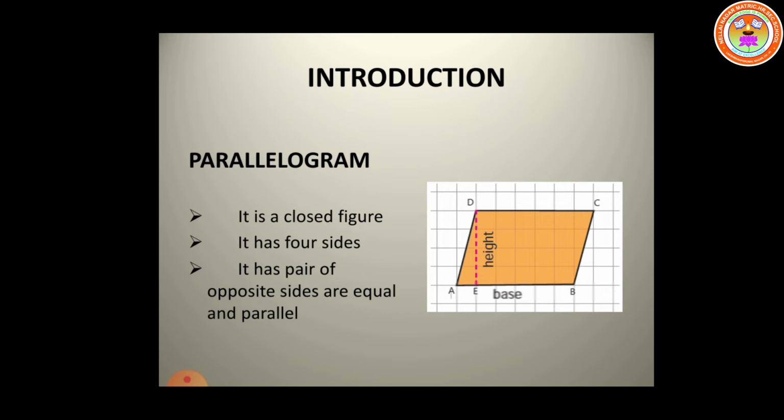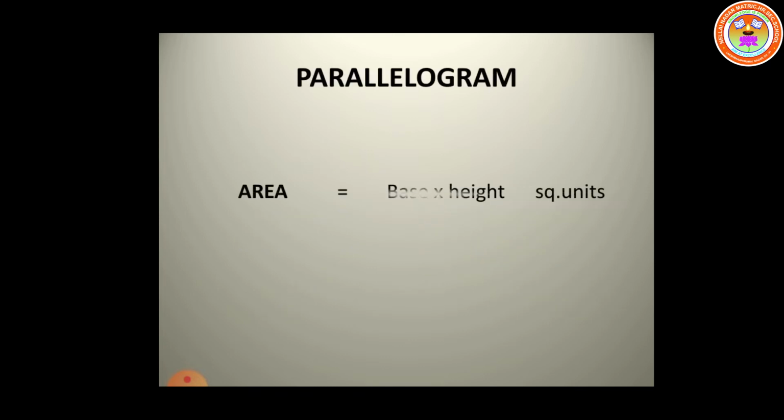Let us see the formula to find area and perimeter of the parallelogram. First one, area. Area of the parallelogram formula is equal to base into height square units.